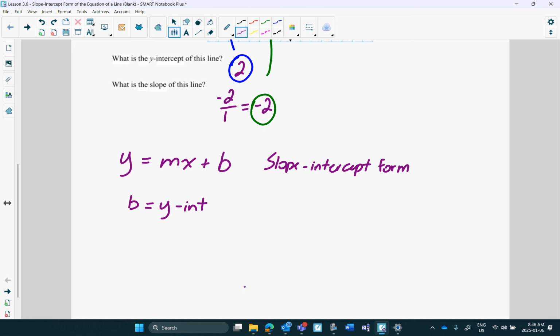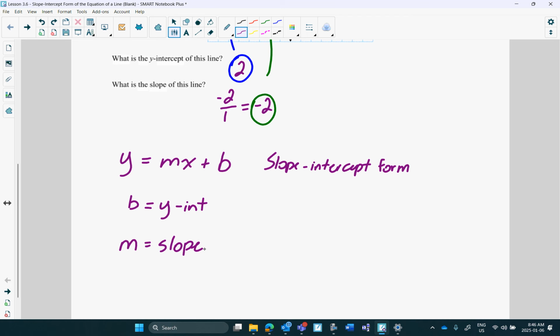Whatever's in front of the x, we call m, that's going to be the slope of the line that you're trying to graph. And this is enough information to graph the line, because all you have to do is put this point on your graph, and then count out a second point using the slope.